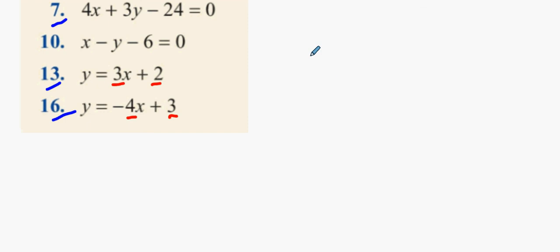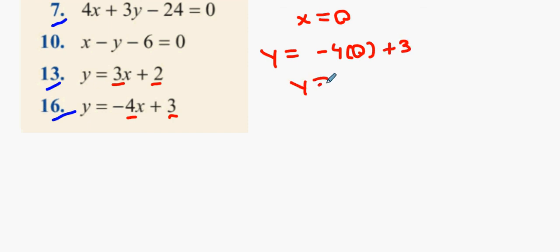So I'll start off easy. I'll start off with x equals 0. What happens when you start off with x equals 0? You're going to get y equals minus 4 times 0, and then y equals 3. So that's the point 0, 3. Why am I not going to bother with y equals 0?